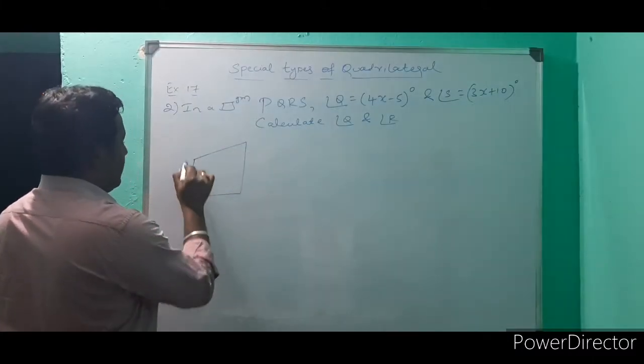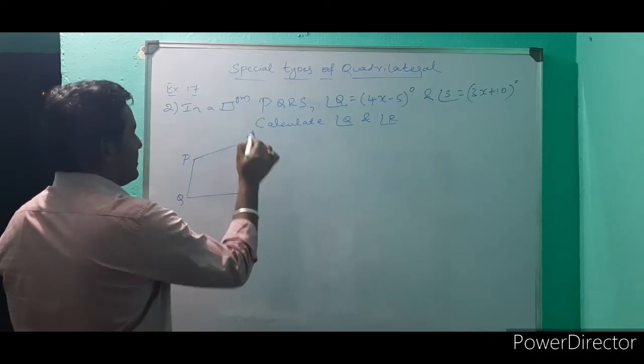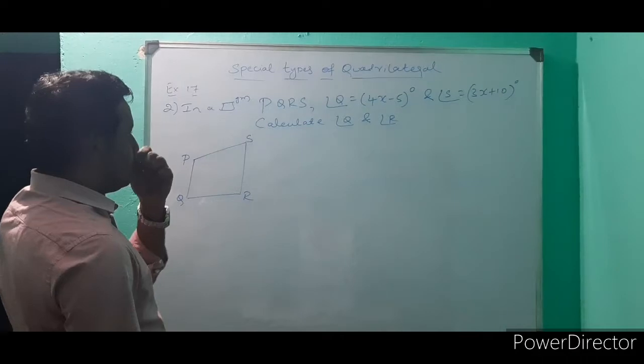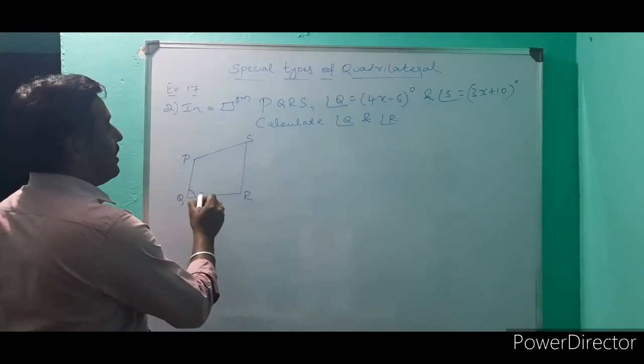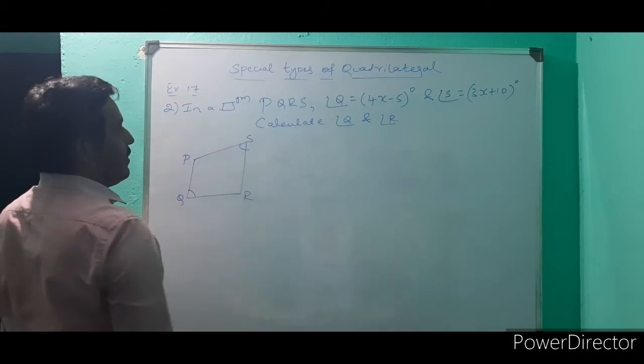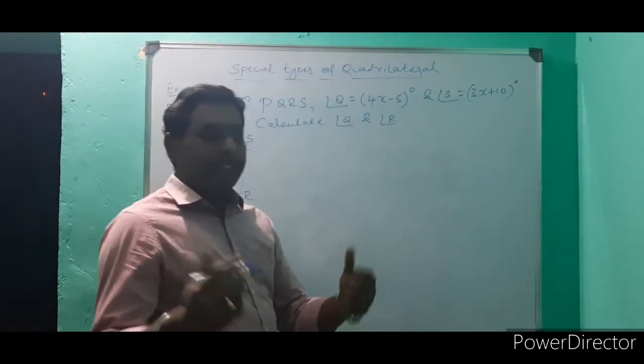Now consider parallelogram PQRS. They are given the angle Q value and angle S value. Here angle Q and angle S are opposite angles.